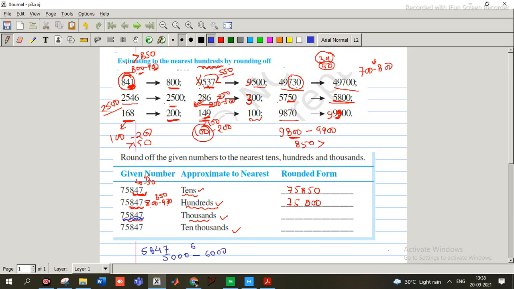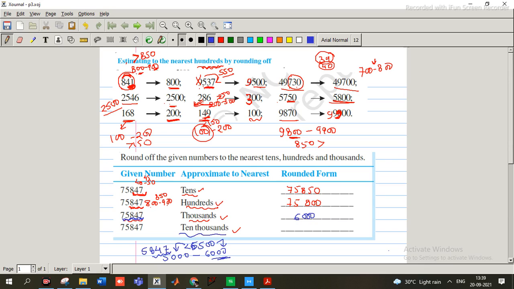If it is less than 5500, I will term it as 5000. If it is greater than 5500, I'll term it as 6000. As we can say it's greater than 500, so we'll approximate it to the nearest, which is the greater one, 6000.